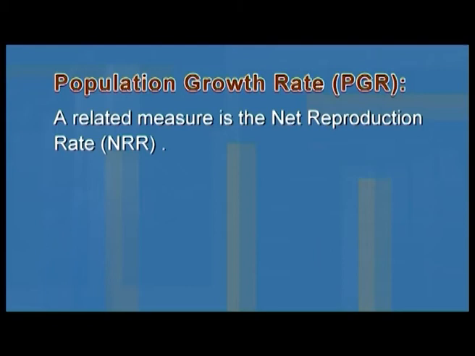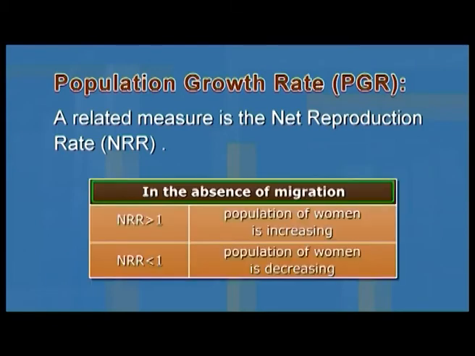A related measure is the net reproduction rate. In the absence of migration, a net reproduction rate of more than 1 indicates that the population of women is increasing, while a net reproduction rate less than 1, sub-replacement fertility, indicates that the population of women is decreasing.